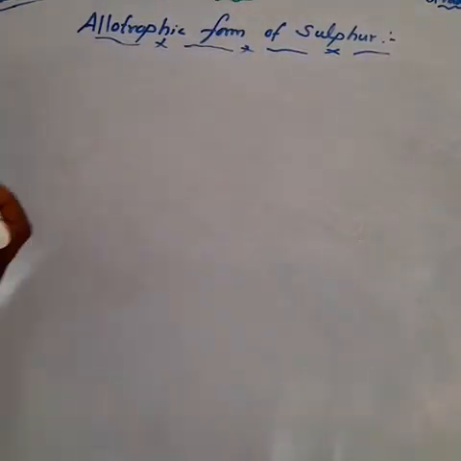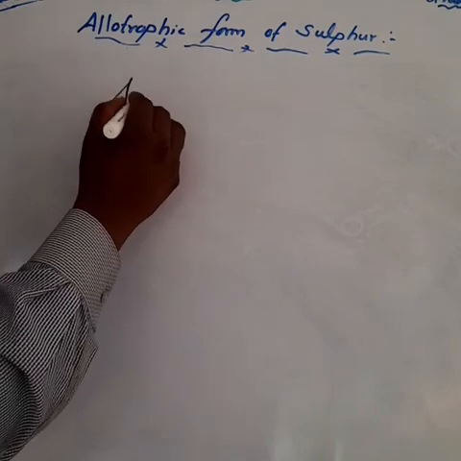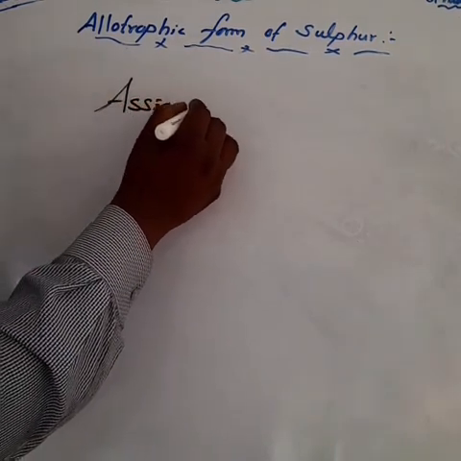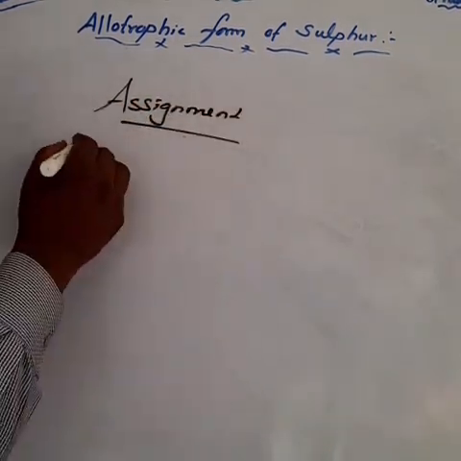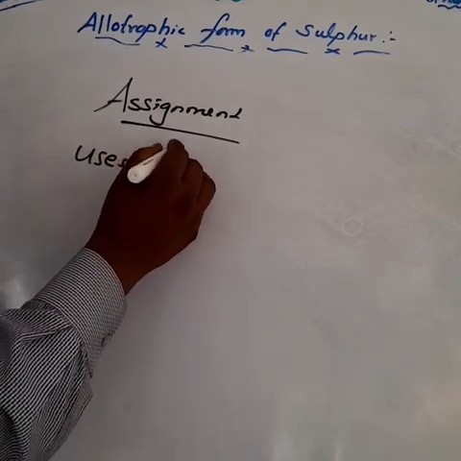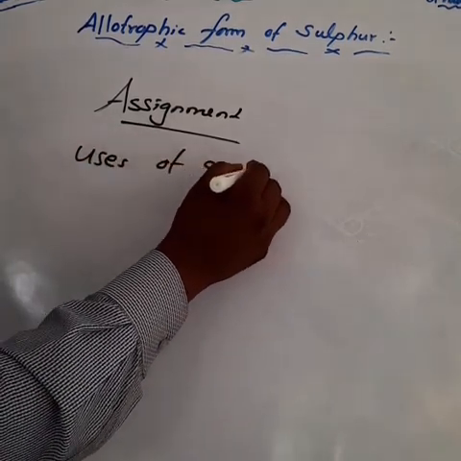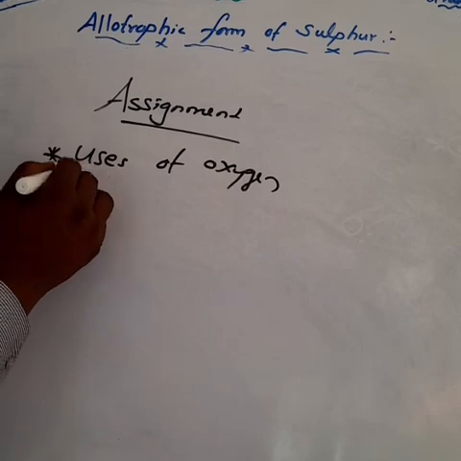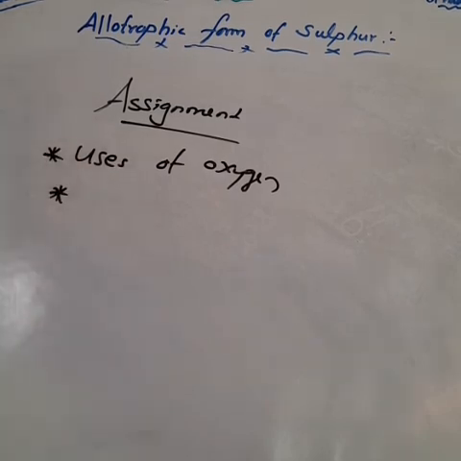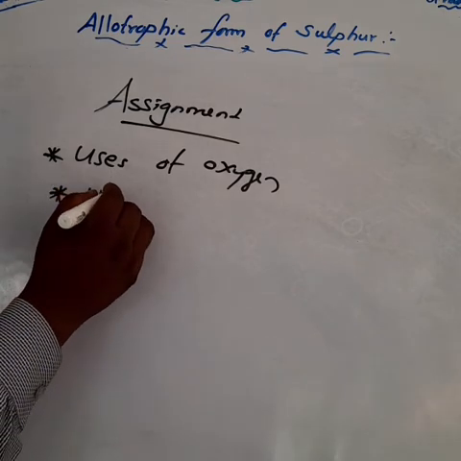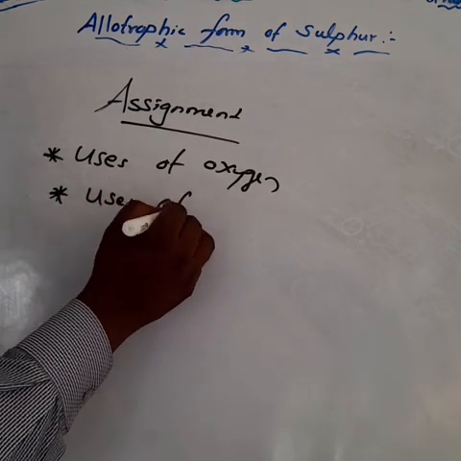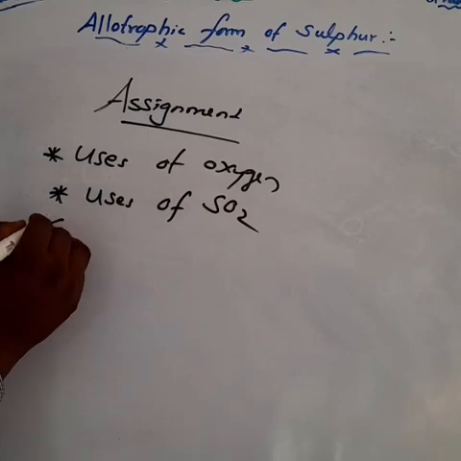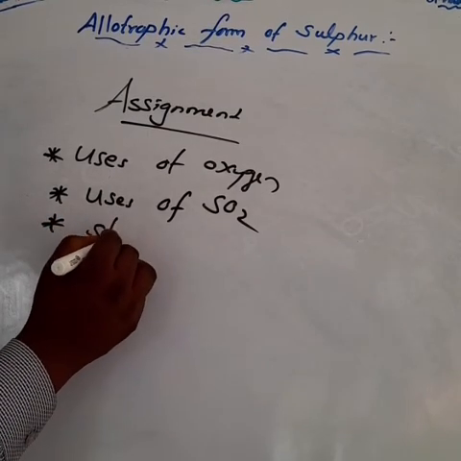So today I am giving an assignment: uses of oxygen, page number 75, and uses of sulfur dioxide, and draw the structure of sulfur dioxide.